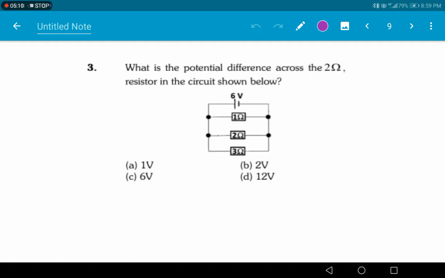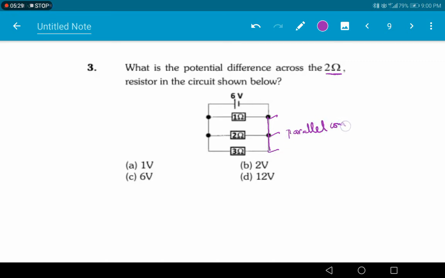Okay, let us move to the next question. What is the potential difference across the 2 ohm resistor in the circuit? First we should observe what kind of combination it is. The 1 ohm, 2 ohm, 3 ohm resistors are connected in parallel combination.